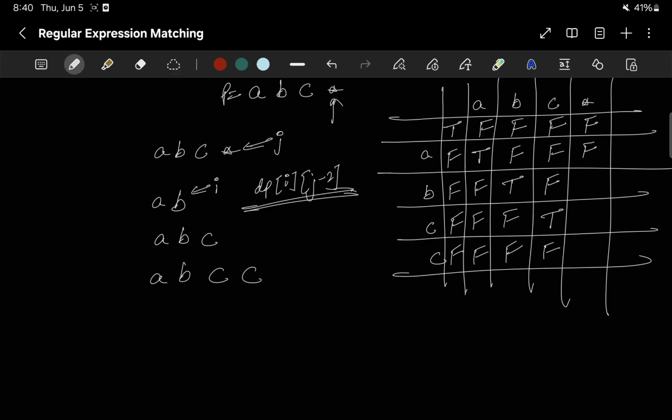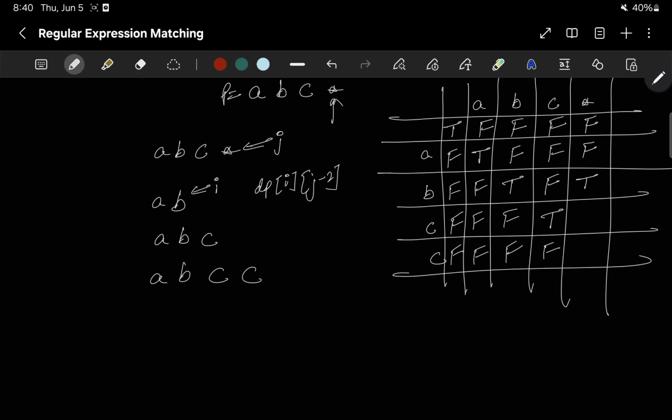What is I and J minus 2? Let's find out. We have this I, right? And J minus 2. I at this point and J minus 2 is true. That's why this will be true, right? We know that this is true if this is the case, dp I and J minus 2. Why? I hope you understood it.